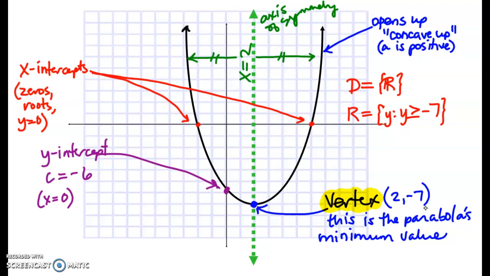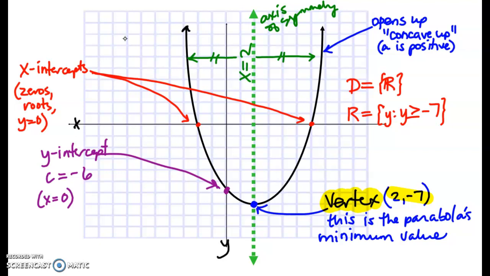The vertex is an ordered pair, an x, comma, y, so that refers to the 2 on the x-axis, and a -7 on the y-axis. The vertex, this one anyway, is the parabola's minimum value. It is the lowest spot that the parabola goes.